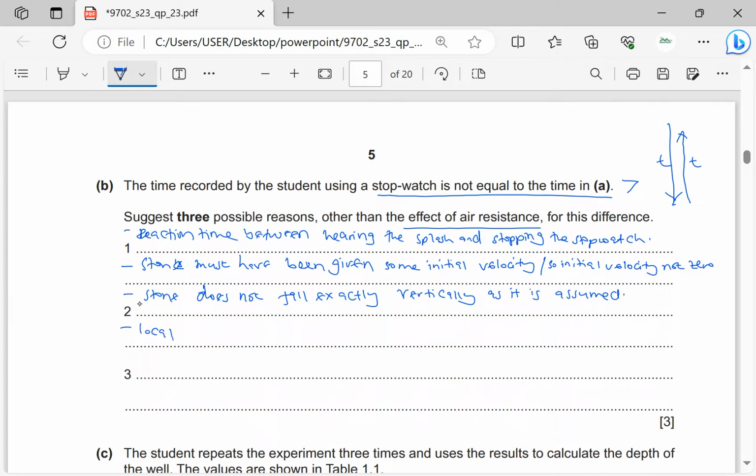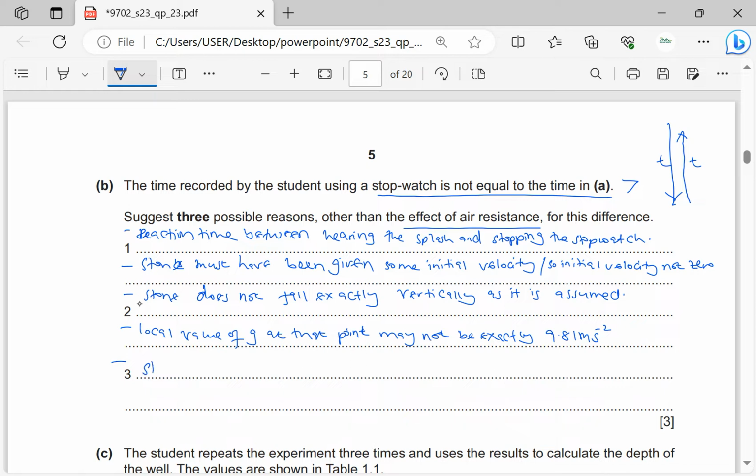So the local value of g at that point may not be exactly 9.81 meters per second squared as we have assumed, because g slightly varies from one point to another. So the local value of g may not be exactly the one we have used.